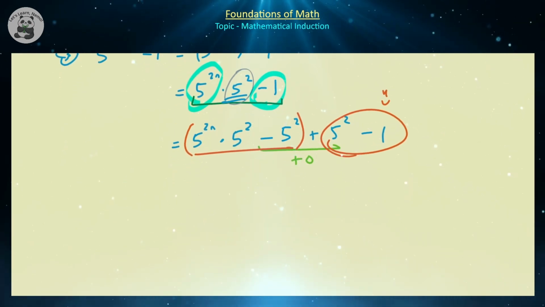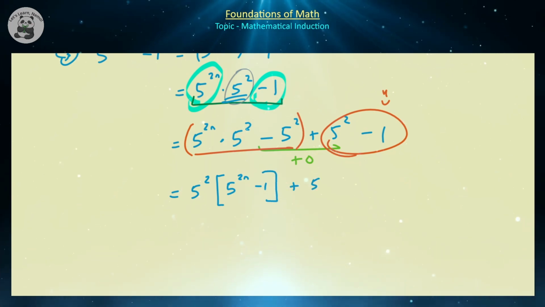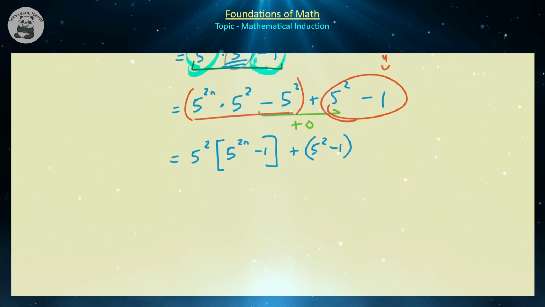So for the first two terms, I can factor out our 5 squared, so I'm going to be left with 5 to the 2n minus 1. And then over here we have 5 squared minus 1 that we can group together. Keep in mind, 5 to the 2n minus 1 is already expressed by our induction step as just 8k for some integer k.